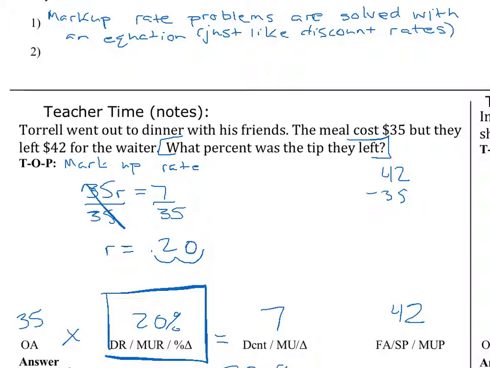And so really we can memorize one equation: original amount times the percentage of change, whether that be a markup percentage or a discount percentage, tells us how much the change is, whether that change be a markup, whether it be a discount, whatever it is. That's the same equation that we use every time.